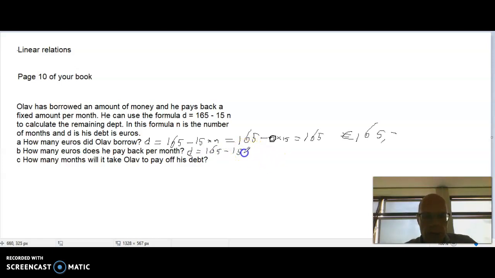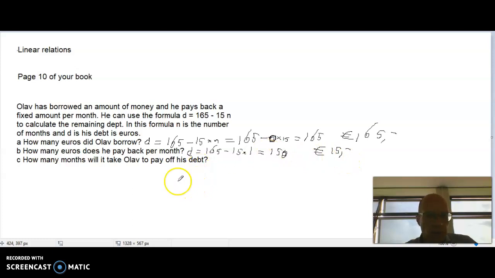Then we have 1 month, so I'm going to fill in 1 month, and this is 150. So you can see that the amount of euros decreased by 15. So he pays back each month 15 euros.